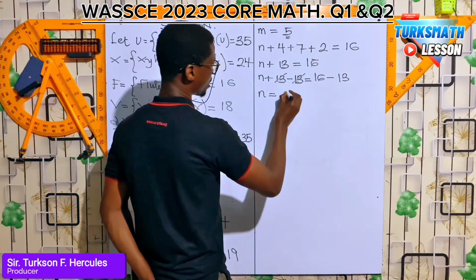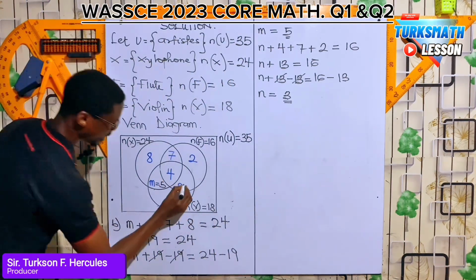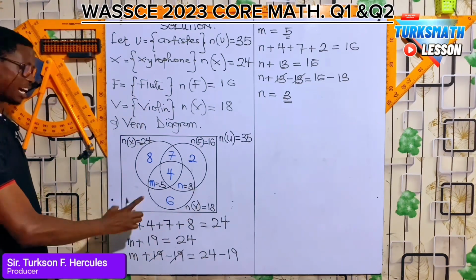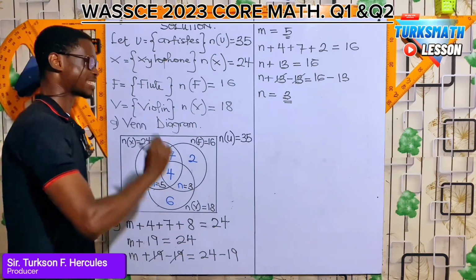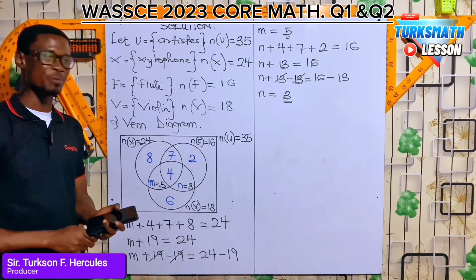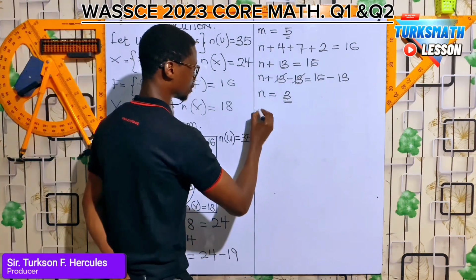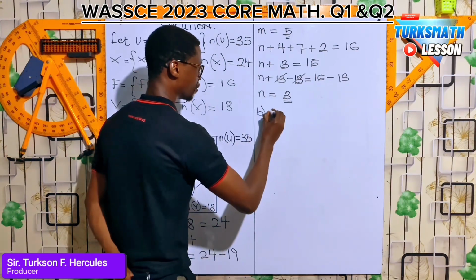Minus 13 is 3. Wow. So our N here too is 3. So we can now find the number of artists who prefer only 2 types of instrument, and only 1 type of instrument. B, Roman number 1.